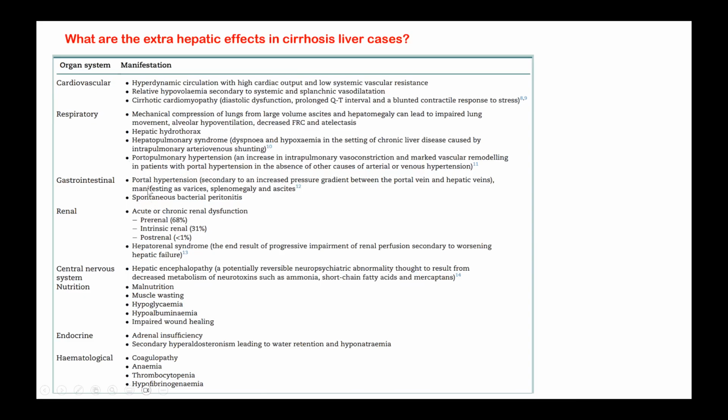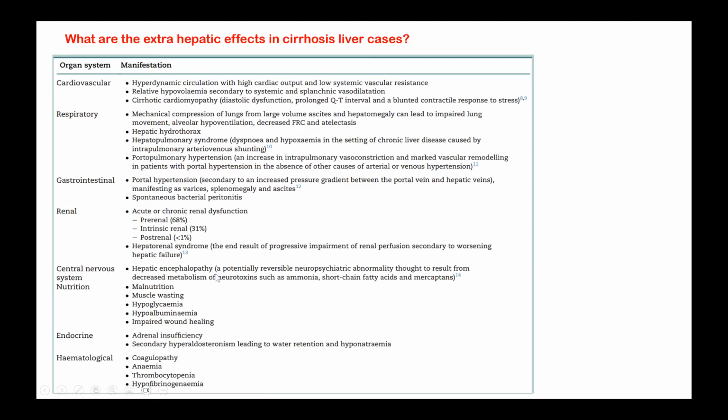The gastrointestinal tract, mainly portal hypertension, esophageal varices, and spontaneous bacterial peritonitis are all the complications. Renal, it can have acute or chronic renal dysfunction, and hepatorenal syndrome is one of the important things.